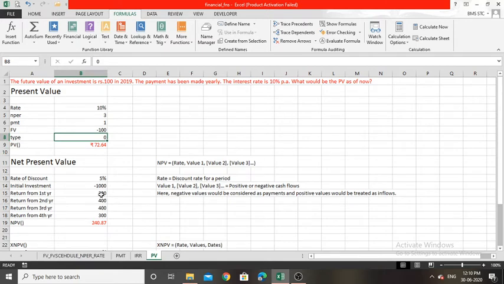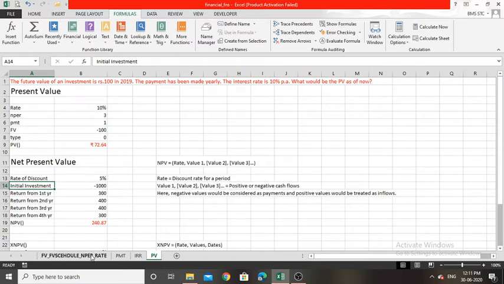That will already be given in the question. Here we have an illustration. The discount rate, the interest rate, is 5%. The initial investment was 1000 rupees and the returns from first year to fourth year, year by year, are 300, 400, 400, 300.